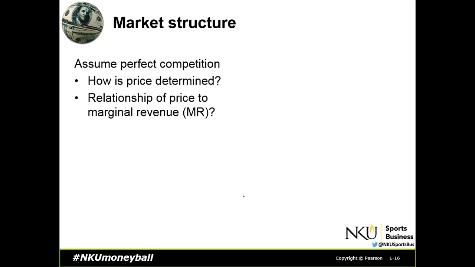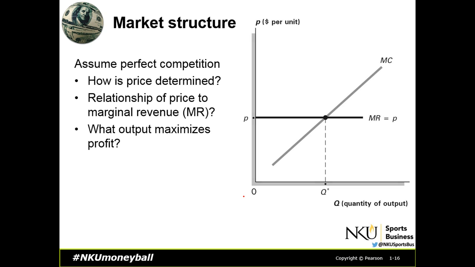Because that price I would take in and count as revenue to me every time I sold a product. So we see that indeed in this graph here, the marginal revenue line is equal to price. Every time I sell an additional quantity of output, I make an additional marginal revenue here.